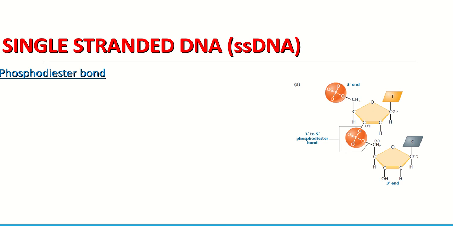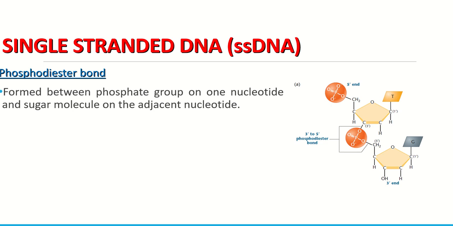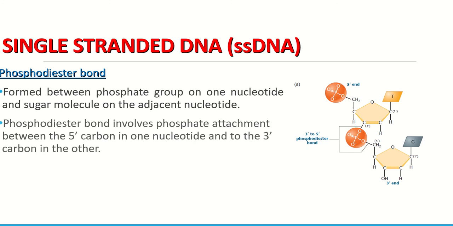Now, how are these nucleotides joined together to form a polymer, a chain, or a single strand of DNA? Through a phosphodiester bond. This phosphodiester bond is formed between the phosphate group in one nucleotide and the sugar molecule in the adjacent nucleotide.